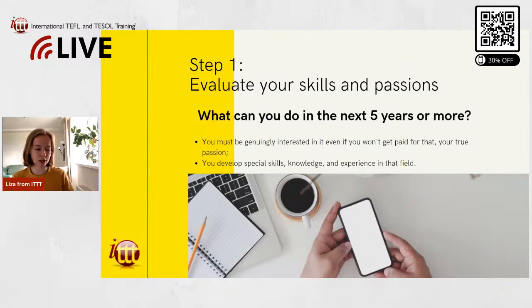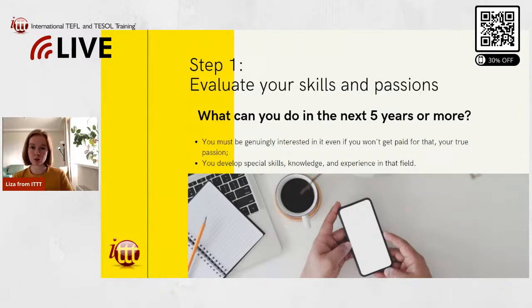I don't think that many people prefer general English because it is too vague and too broad in meaning, and you have to deal with so many different types of people, with so many different types of challenges and needs. So probably general English can't be your true passion, I would say. So you must be genuinely interested in a specific topic.